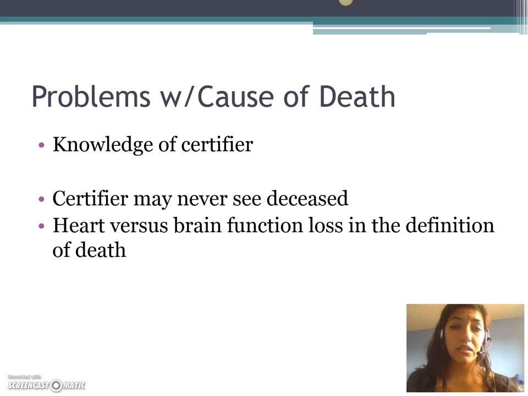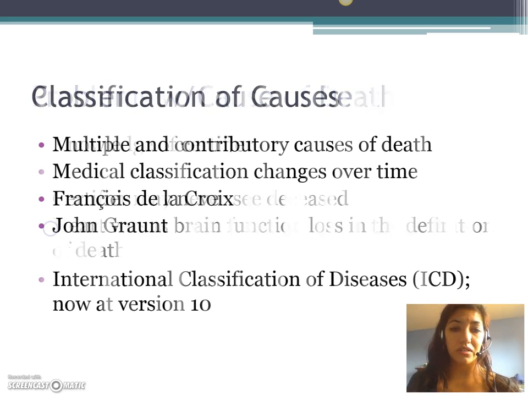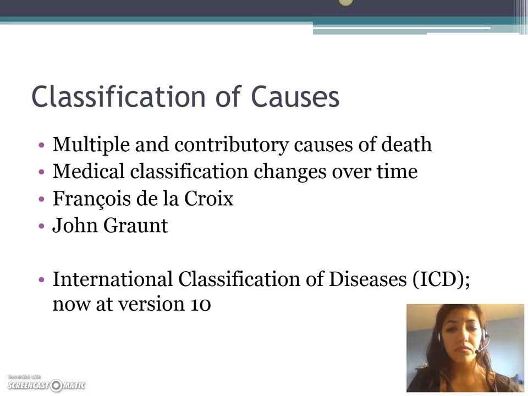He was a very young nurse, so what if he had made a mistake? The certifier may also have never seen the deceased. Also, we have a controversial issue of heart versus brain function loss in the definition of death, so it just varies there. It can get a little gray.